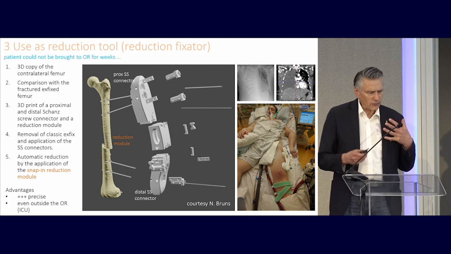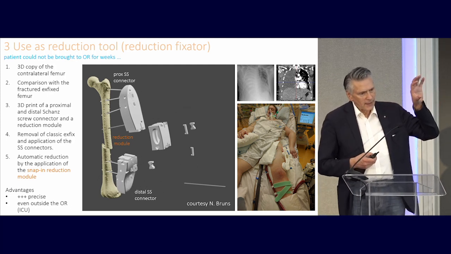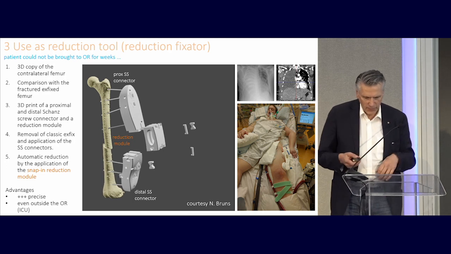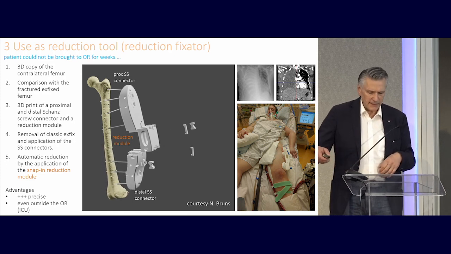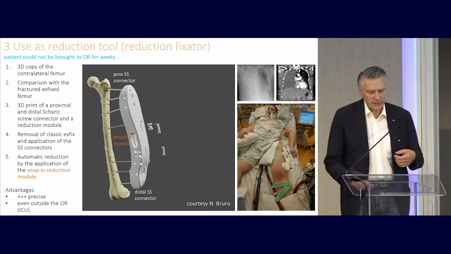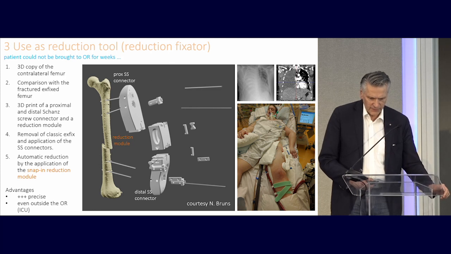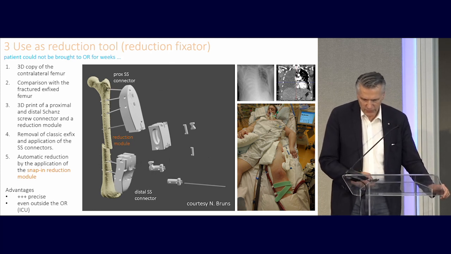The 3D print is made so that it fits to the existing Schanz screws in place, and once the middle segment is snapping into the proximal and into the distal fragment, the fracture gets reduced.